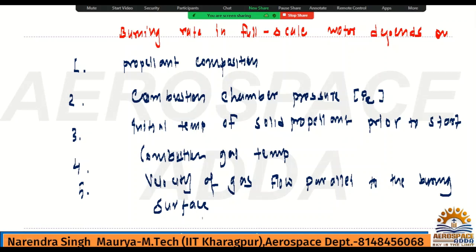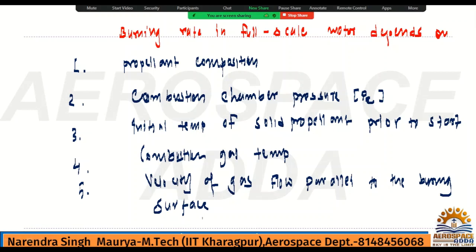Now, the final formula I am just going to give, based on this numerical they had asked for 2 marks in your exam. It is basically a formula given by Wheeler, and that's the reason it is also called Wheeler's law. This type of formula is called an empirical formula.